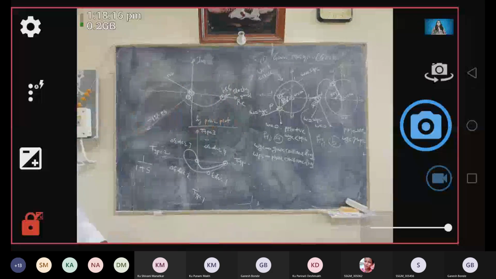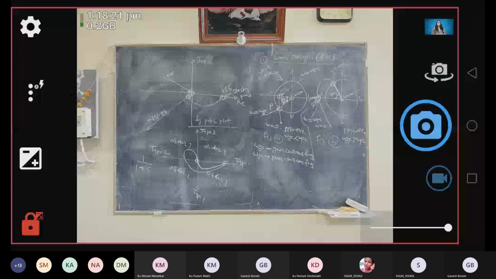So these are the basis for determination of phase margin and gain margin.